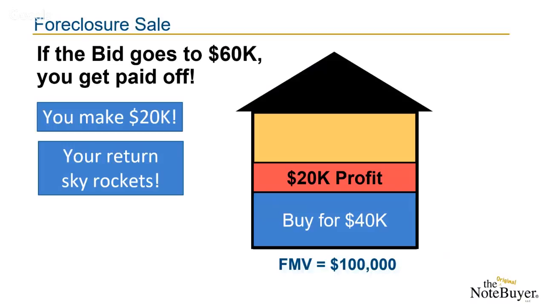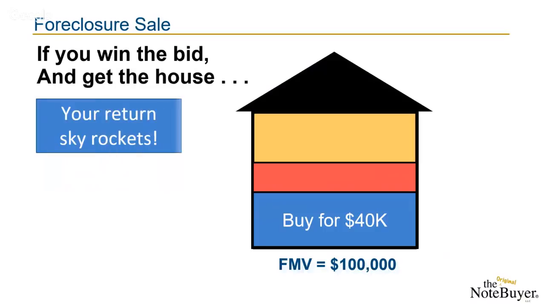It skyrockets, because instead of getting that $20,000 spread out over 10 or 20 or 30 years, you're going to wind up getting that $20,000 in just a matter of a couple months or so, which then, because you bought the note at a discount, will make your rate of return go up.